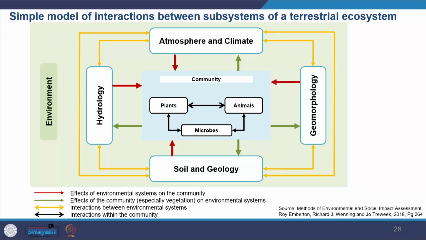In this image you can see a simple model of interactions between subsystems of a terrestrial ecosystem. You can see how the environmental systems affect the community, then how the community, like the plants, animals, microbes, affect the environmental system. Then you can see interaction between environmental systems. In the center you can see how interaction is happening within the community.